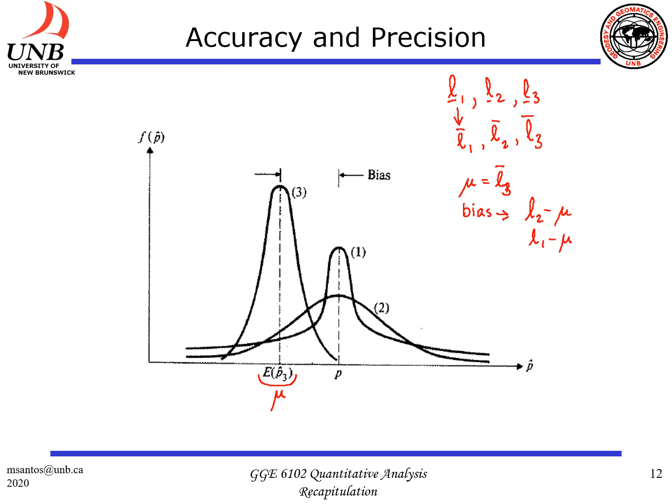Now, what about precision? Precision and accuracy relate to spread. What we have here is the spread related to this observation set.